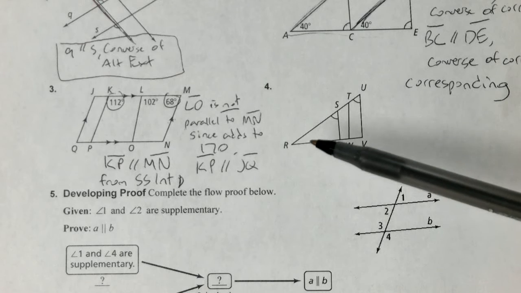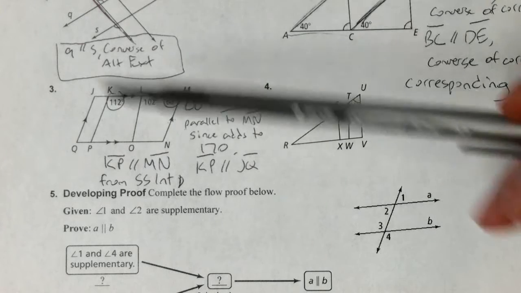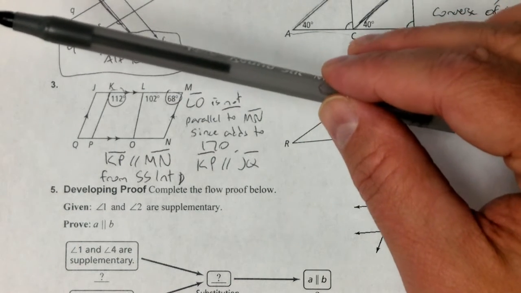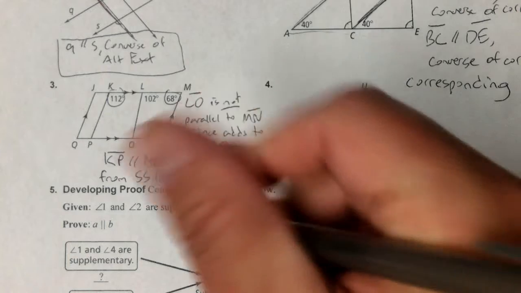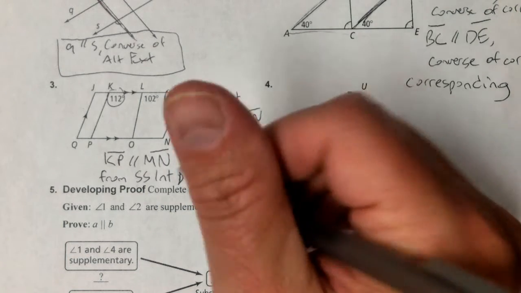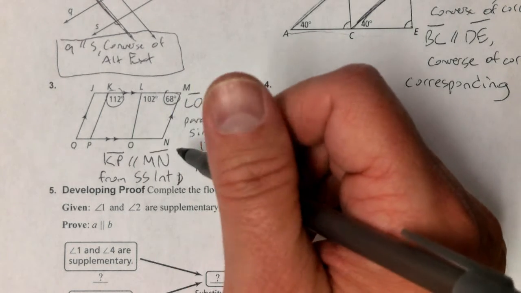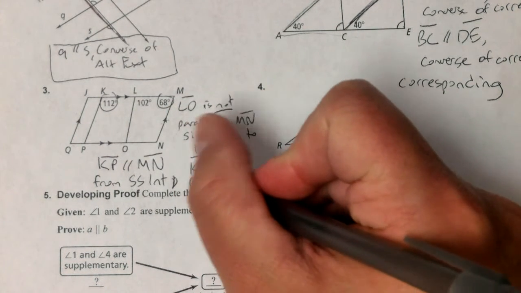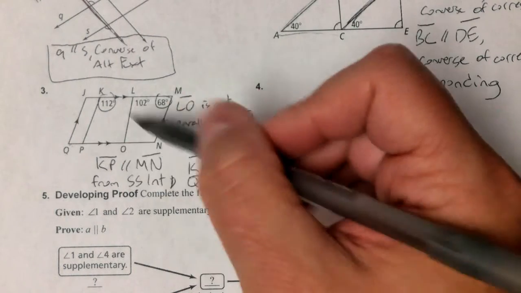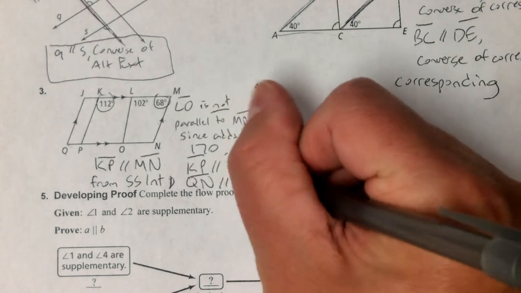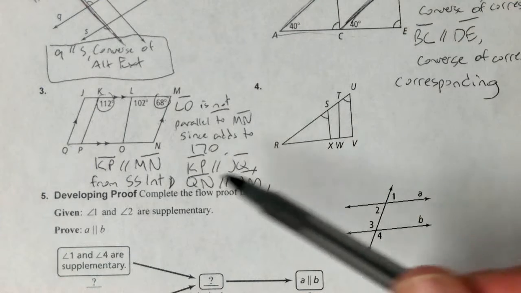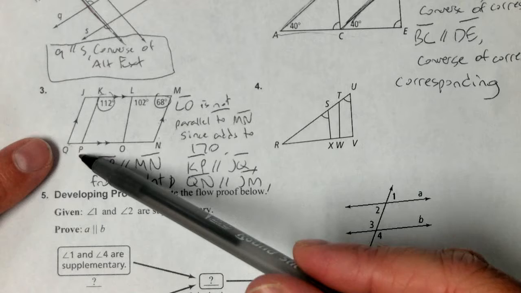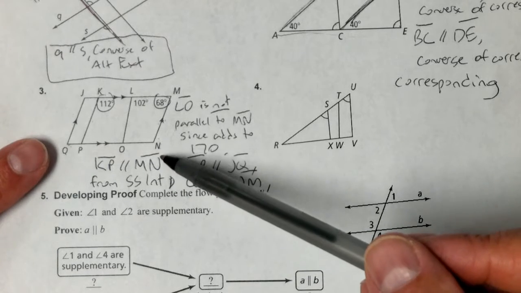What else do we know? We know these that are marked are. Yeah, so we also know, there's lots of answers on this one. We also know that QN is parallel to JM. I'm using the outside letters because sometimes that's easier than saying QO or QP, because it is the whole thing.